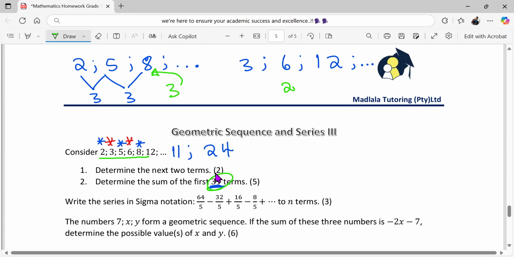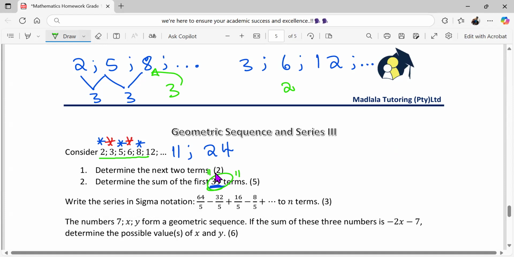For every odd number of terms, 39, 37, 35, the arithmetic sequence will always have more terms compared to the geometric sequence. In 5 terms, we have 3 for arithmetic and 2 for geometric.